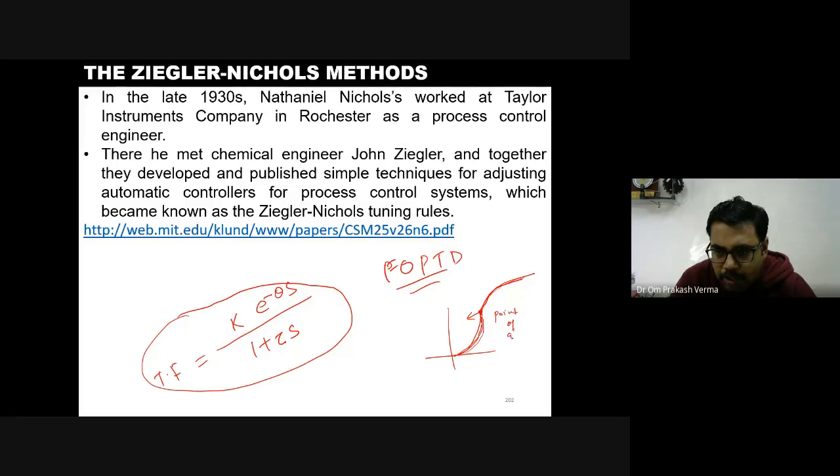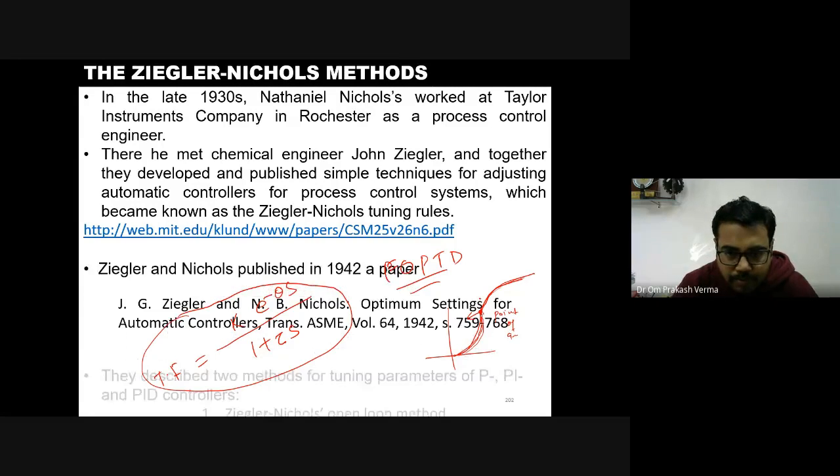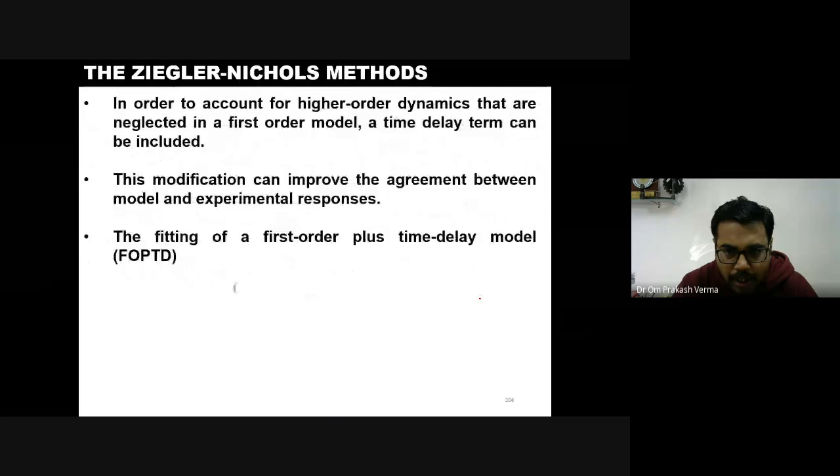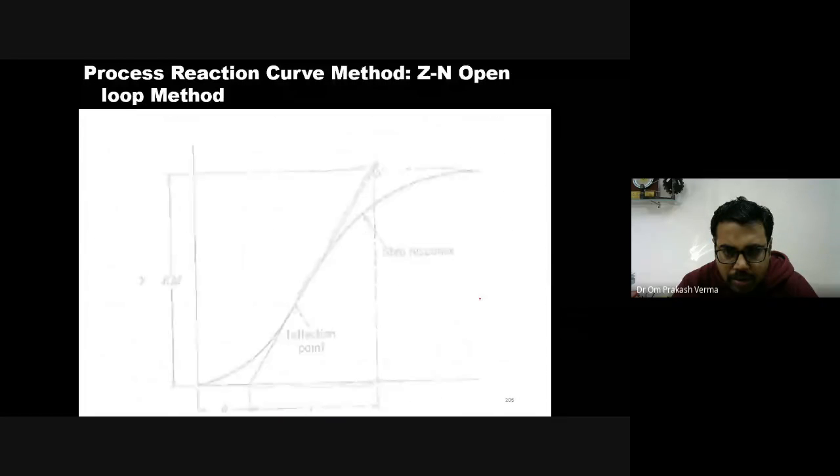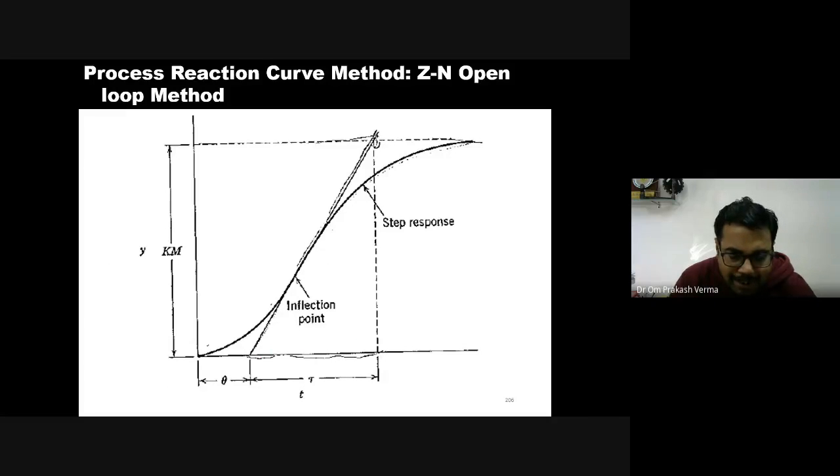We draw the tangent at the inflection point. The tangent will intersect the x-axis, and the extension of this tangent at the steady state value gives a point, and corresponding to that on the time axis is the total time period, that is T.